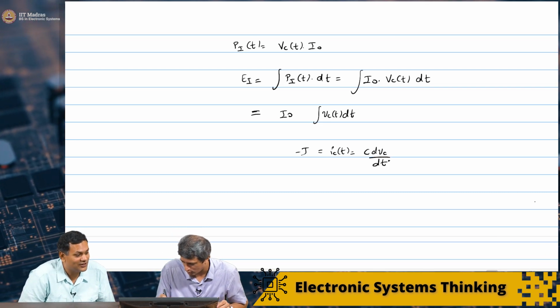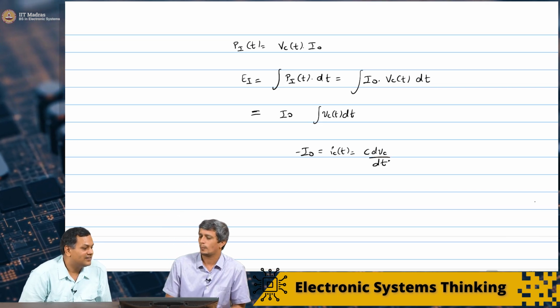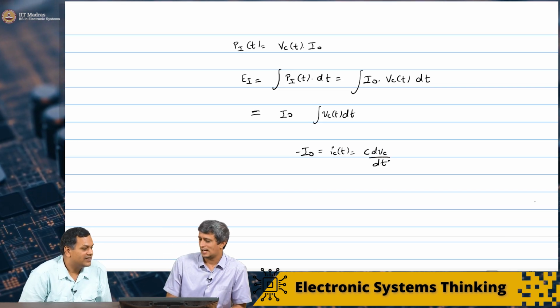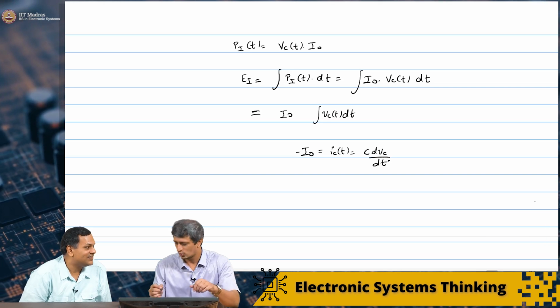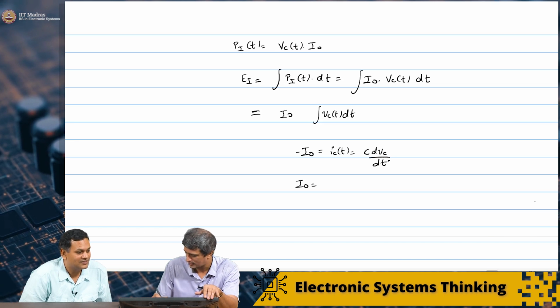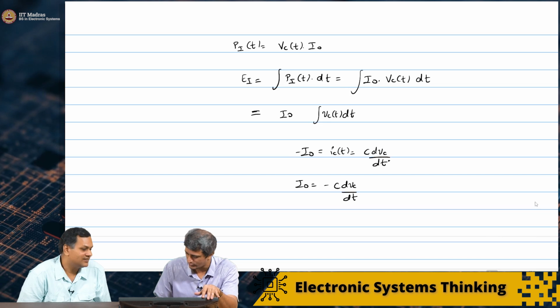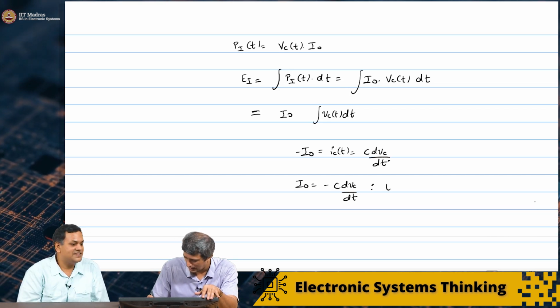So we can write minus I naught dt as C dVc. So we can write I naught as minus C dVc by dt, and substitute that in the integral, times Vc of T dt.